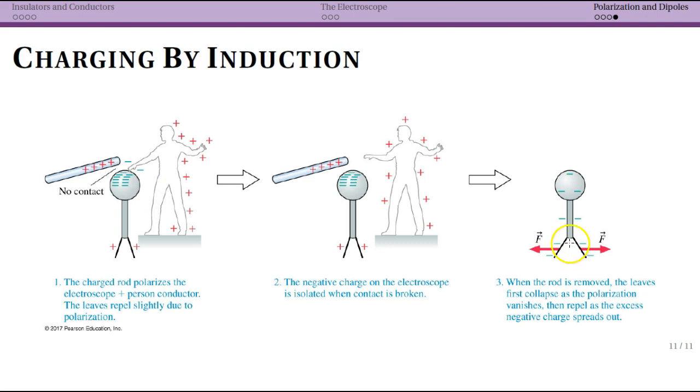We have actually created a net charge on our electroscope that never came into contact with our other charged object. Not only that, we have induced, this is called induction, a negative charge on the electroscope when what we brought in was positively charged. So this is charging by induction.